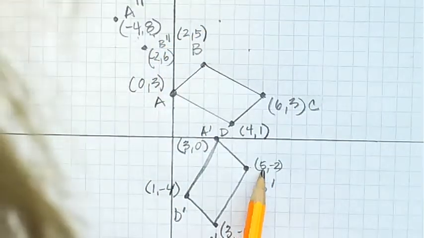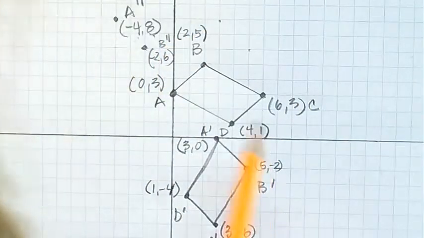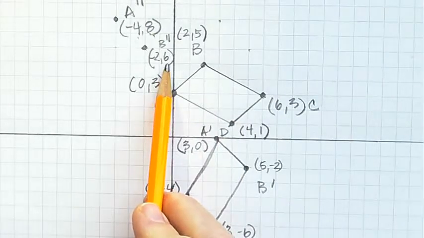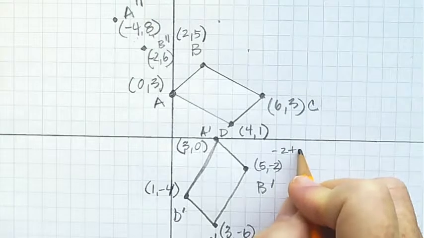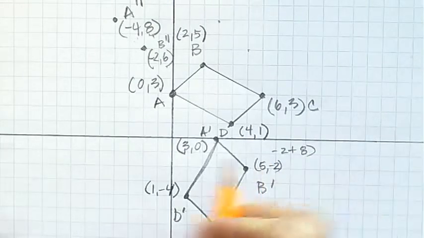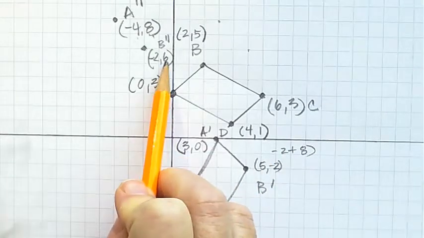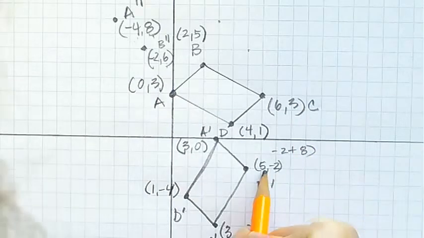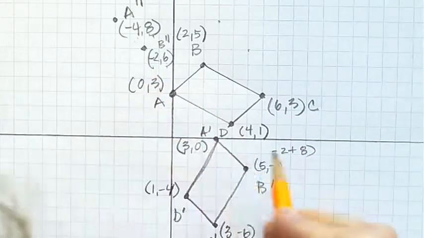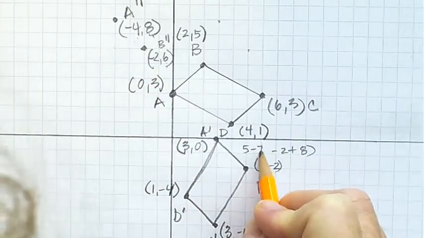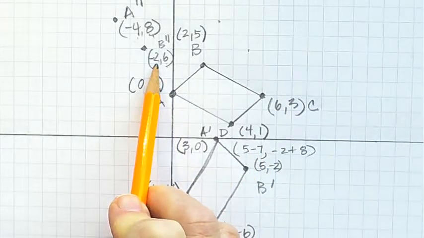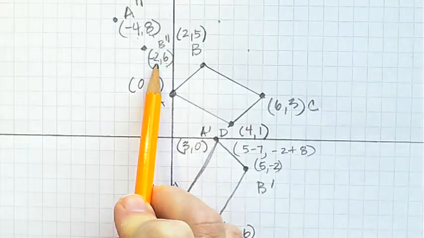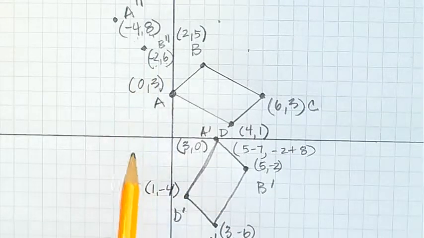Let's look at the coordinates. -2 is now positive 6. Well, what's -2 plus 8? Isn't it positive 6? And then 5 changed from 5 to -2. Isn't 5 minus 7 -2? Hopefully, if you've done Khan translating shapes, this is making a connection.